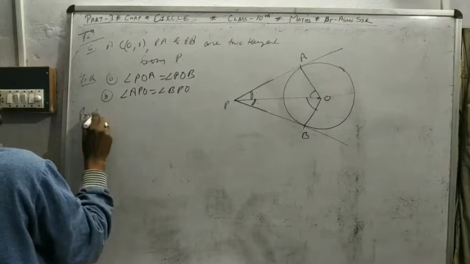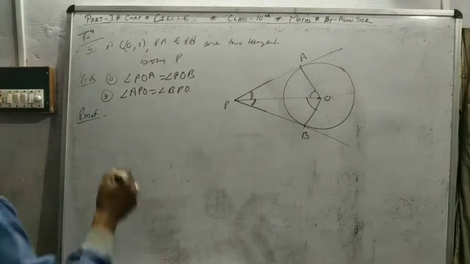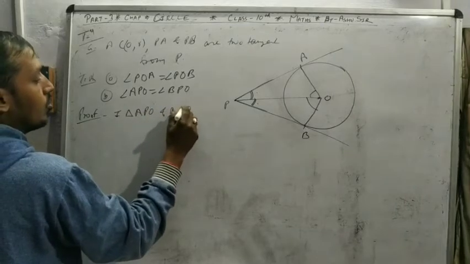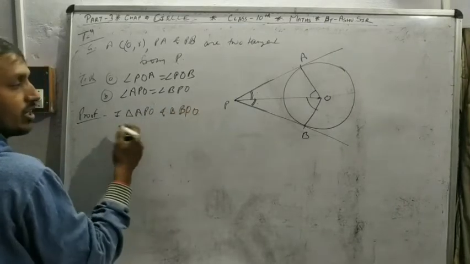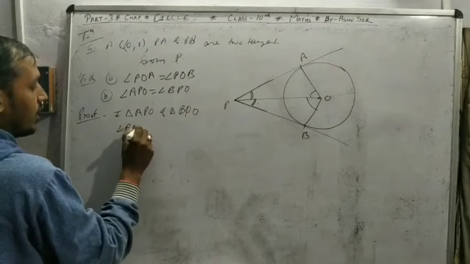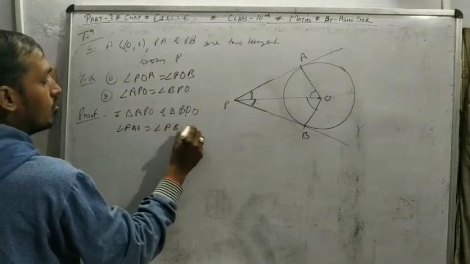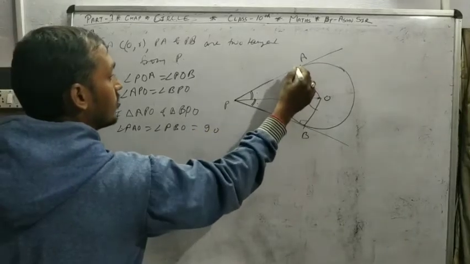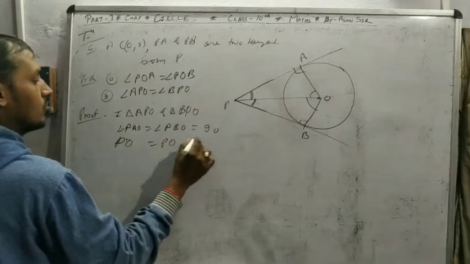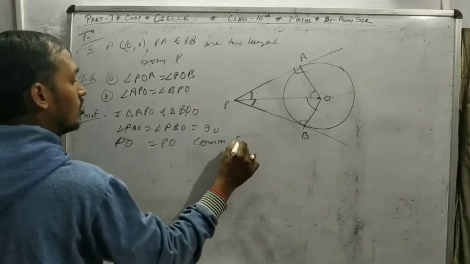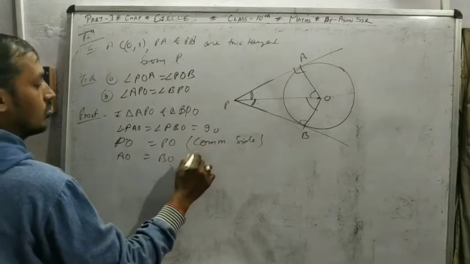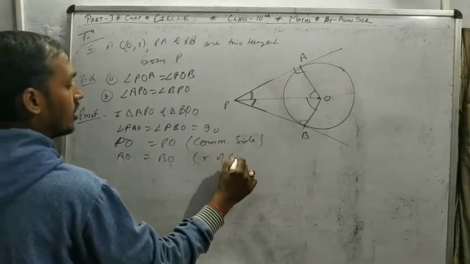This is not a theorem, this is a very simple question. Simply we take triangle APO and triangle BPO and prove that the triangles are congruent. Angle PAO is equal to angle PBO, each 90 degrees. PO is equal to PO, common side. AO is equal to BO, radius of the circle.